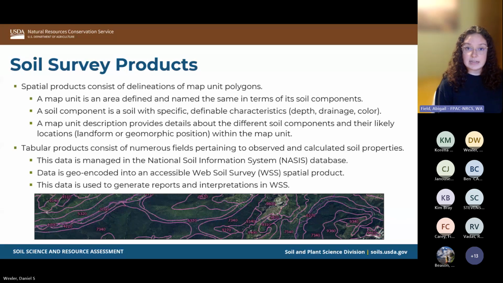And each map unit has a description that provides details about the different soil components and their likely locations. So with each map unit having 4 to 5 different soils, it is important to know where those soils occur, if it's on like a depression or more of a hill slope position within that map unit. And then our tabular data is kind of the background that goes into the spatial data.